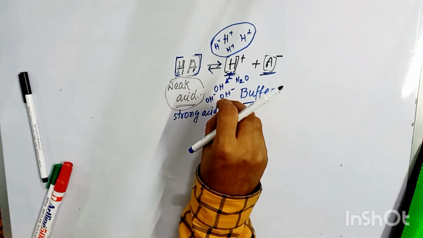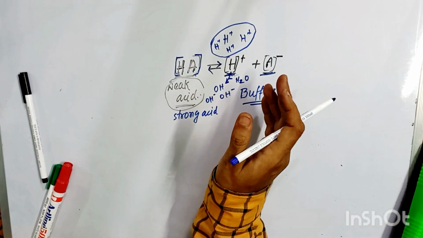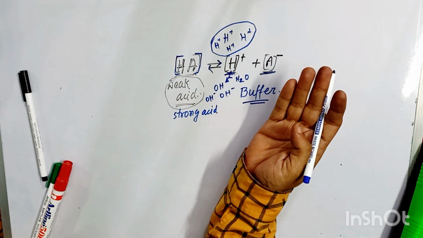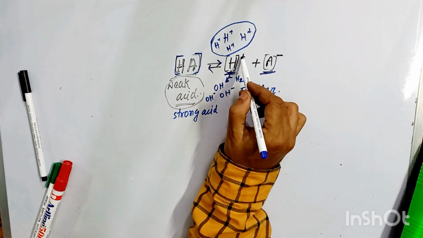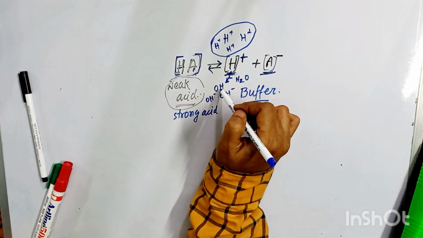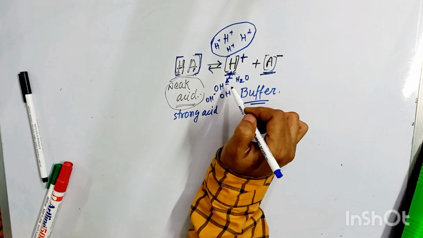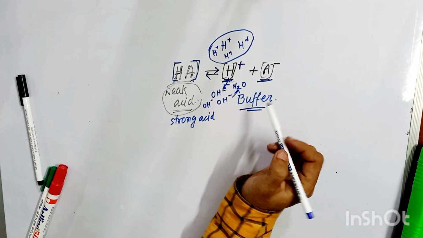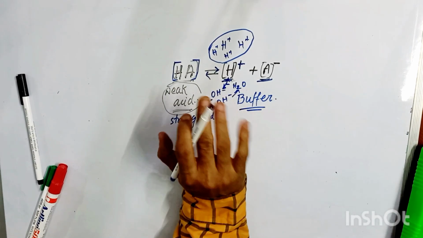And if there are hydroxyl ions, more negative ions in the solution, the equilibrium will shift towards the right, and all these hydrogen ions that the acid has to offer will now bind to these hydroxyl ions, and it will get converted to neutral water. So this is the mechanism by which a buffer acts.